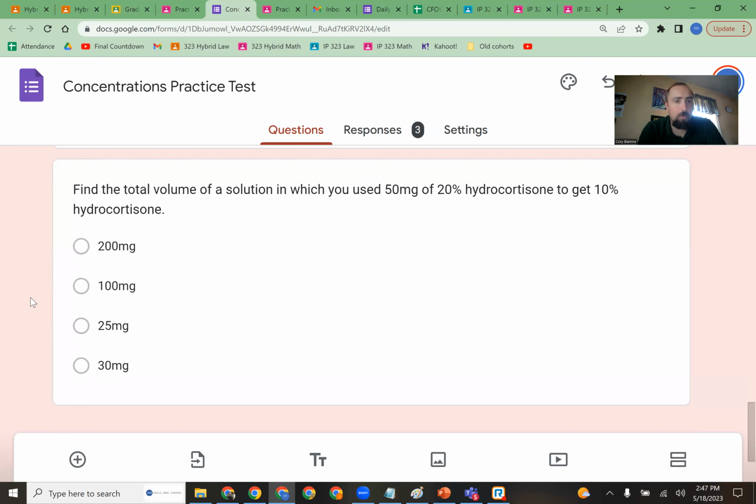We're trying to figure out what the total volume is if we used 50 milligrams of the 20. We know that the 50 milligrams of 20 that we're bringing to this mixture contains 10 milligrams of drug.